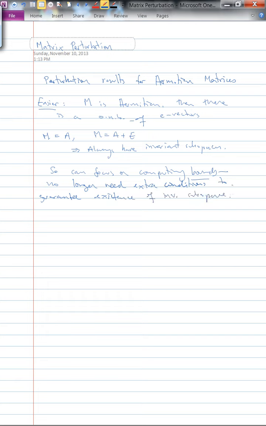As I had suggested that you do as an exercise in the previous lecture, you can think about it. Find a matrix A that has, say, a two-dimensional invariant subspace, but even a small perturbation of that no longer has a two-dimensional invariant subspace. The point is that that cannot happen for Hermitian matrices.